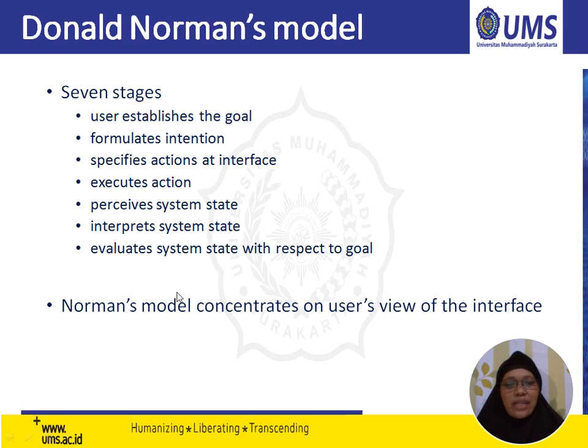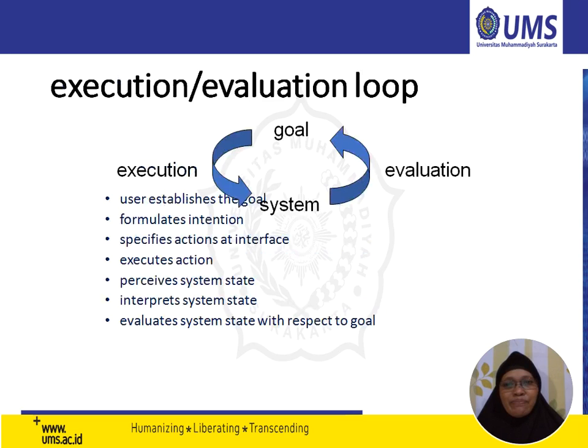So the Norman model concentrates on the user's view of the interface. Actually, for the human-computer interface, you must concentrate on the user, on what the user needs for the interaction.